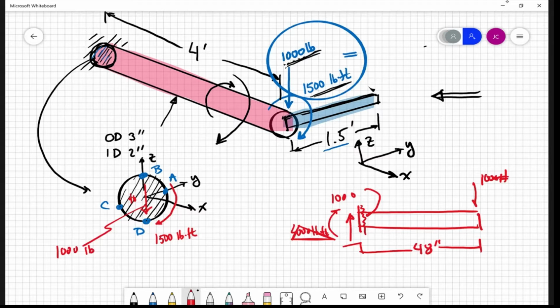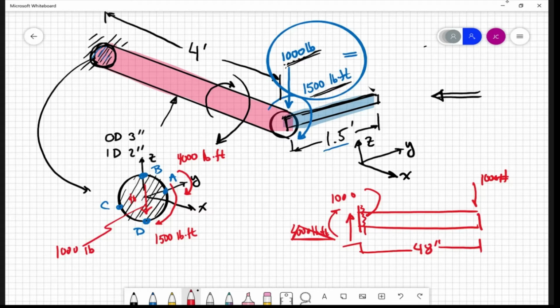So that's going to be a bending moment around the y-axis. It's going to go like this. And that's the bending moment around the y-axis of 4,000 pound feet. Okay? All right. So those are the forces acting on that section.